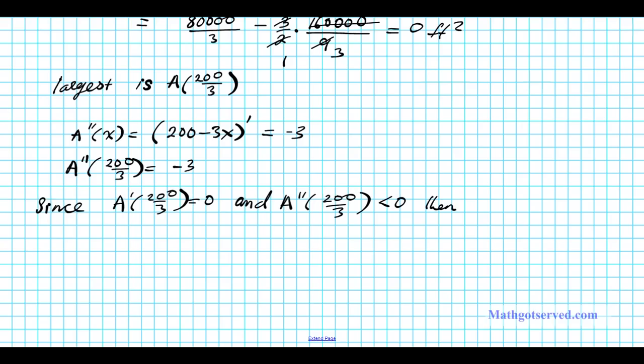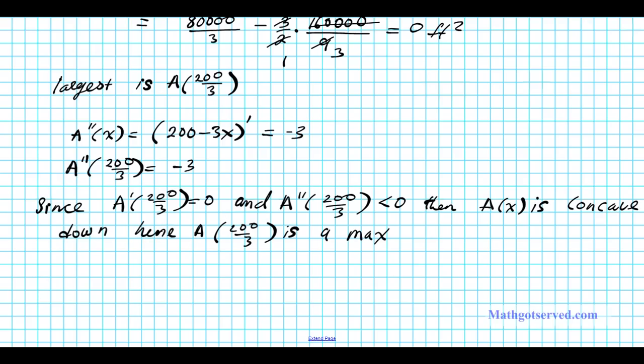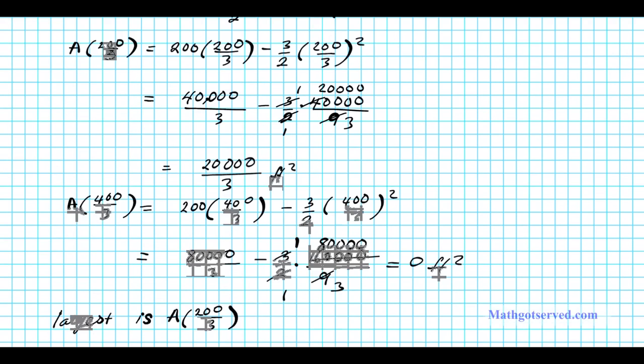Then A of x is concave down, hence A of 200 over 3 is a maximum. If you have a downward facing concavity at an extrema, that point is in fact a maximum. So there goes our classification.